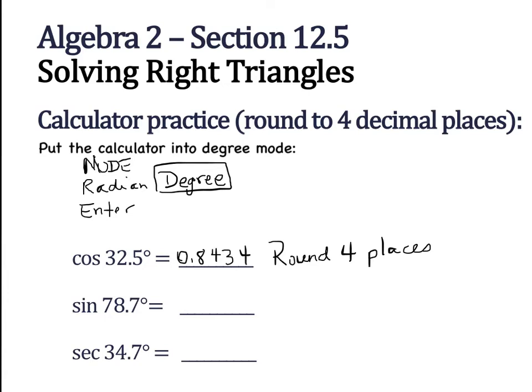And we'll do our sine, and that's 0.9806. And if you look at your calculator, there is no secant button, but secant is the reciprocal of cosine. So you will enter 1 divided by cosine, and then enter 34.7, and what you get is 1.2163.